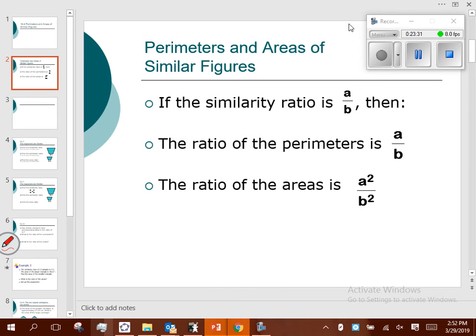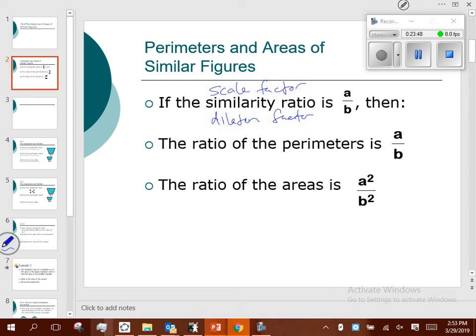Now, this similarity ratio is kind of a synonym for scale factor. And we also saw it as a dilation factor earlier. Okay, so those are all synonyms.